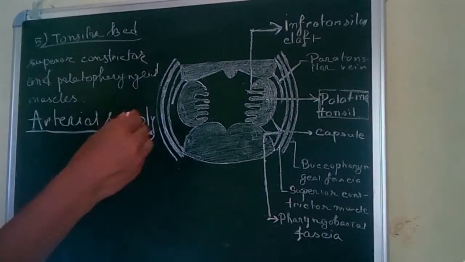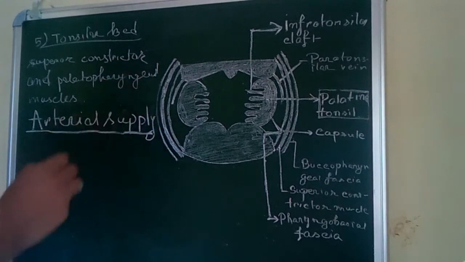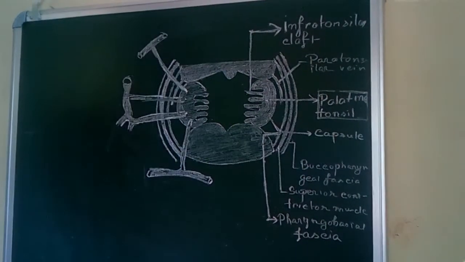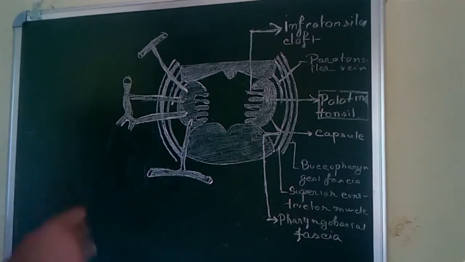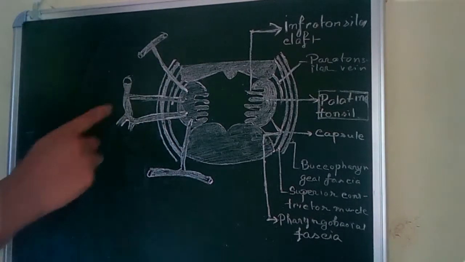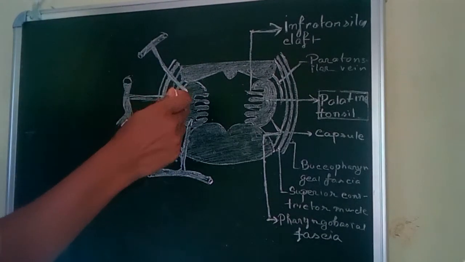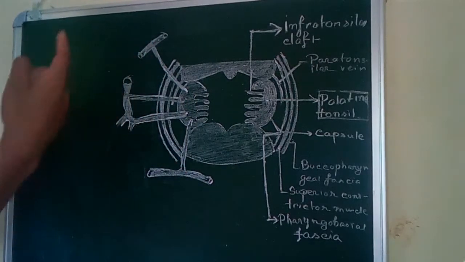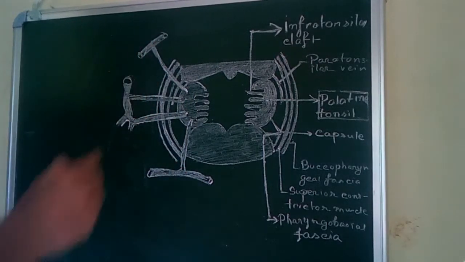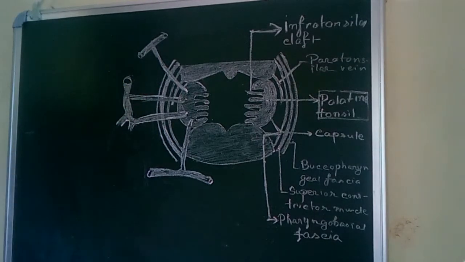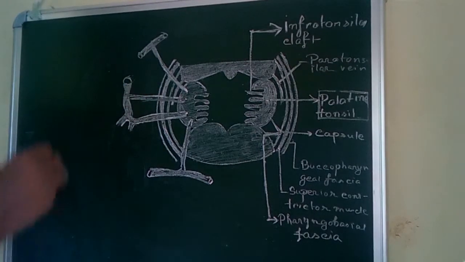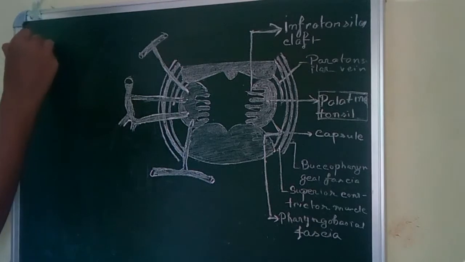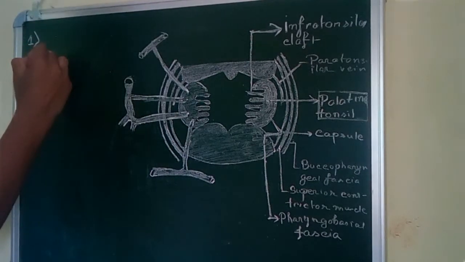I will draw the different arteries here. These are the different arteries which supply the palatine tonsil. Number one is the tonsillar branch of the facial artery.